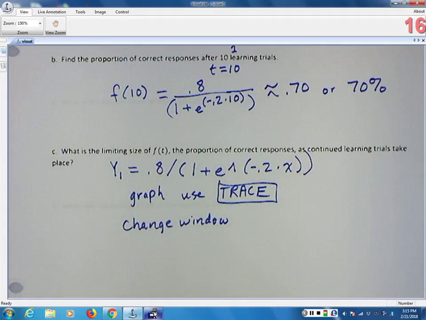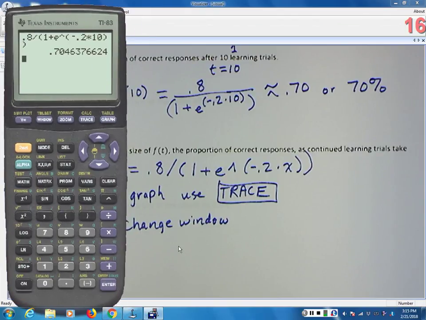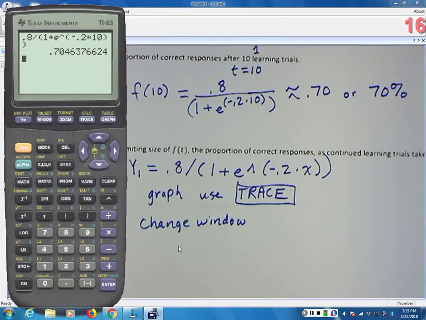I'll go ahead and do that. But the limiting size is going to be 0.8 or 80%. So y equals, clear, 0.8 divided by parentheses 1 plus e to the negative 0.2 times x, close the parentheses, there we go.